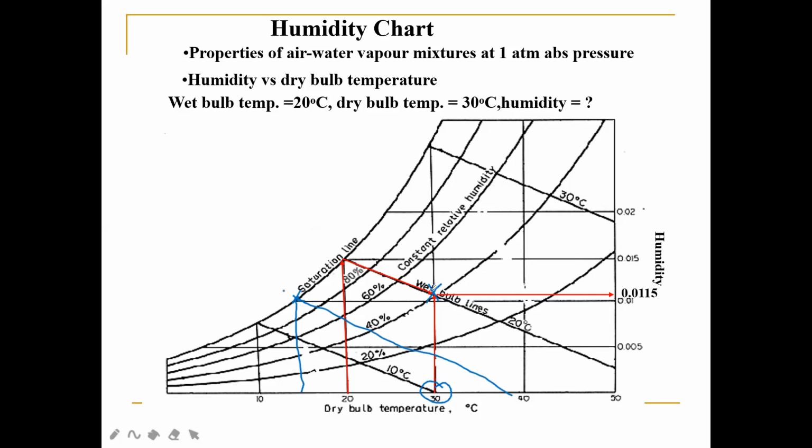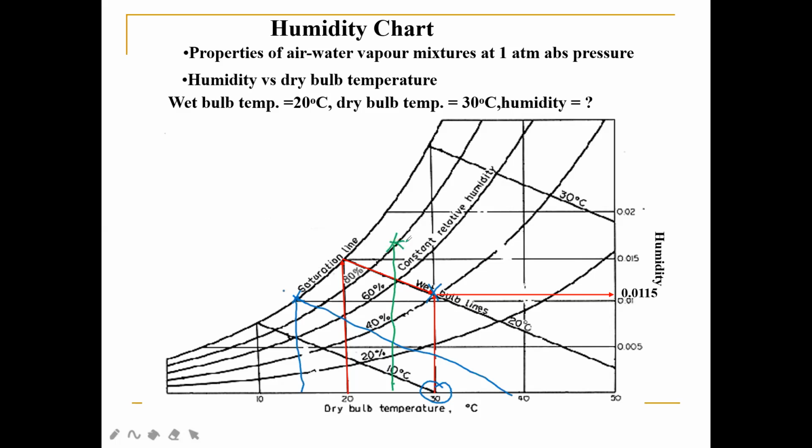And in the cases where you're given only the dry bulb temperature and the percentage humidity, let's say you're given a dry bulb temperature of 25 and 80% humidity. What you can determine for your humidity is that 25 is over here, so you go up and then you meet the 80% humidity over there, right?